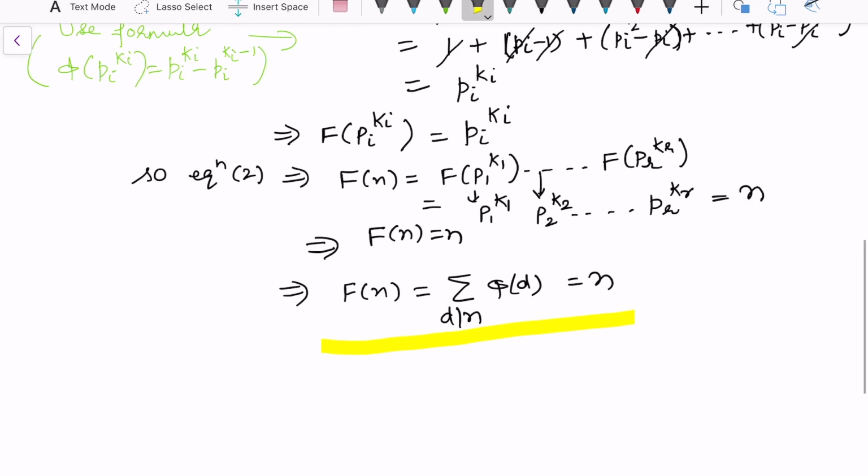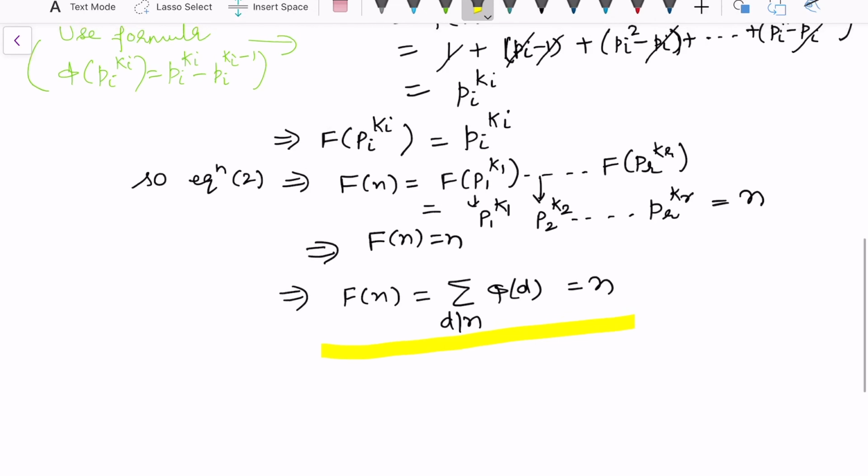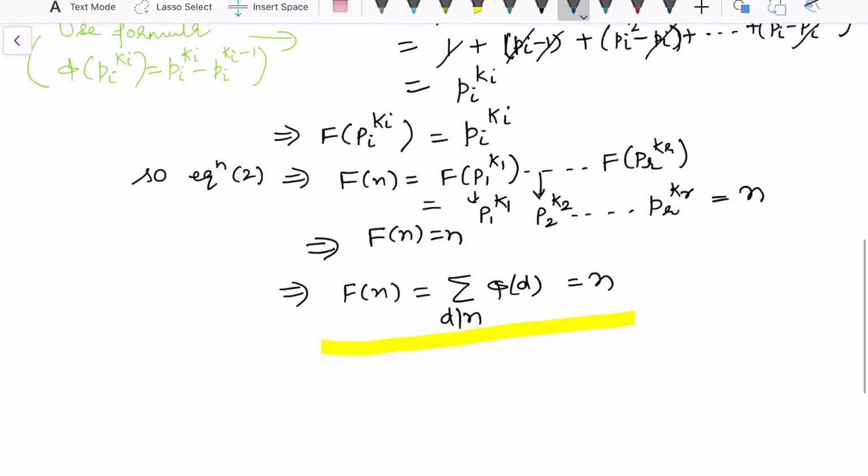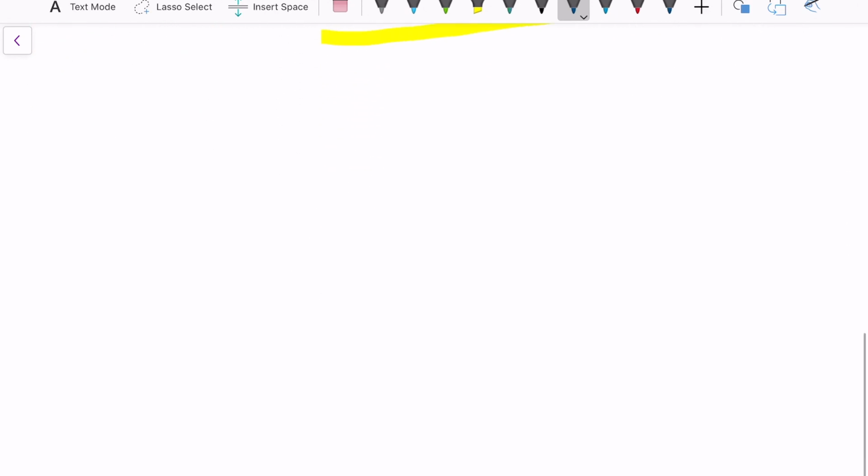Now this was the first proof, and let's take now the second proof. In the second proof, I'm going to use a counting approach, or we may say an alternate proof.